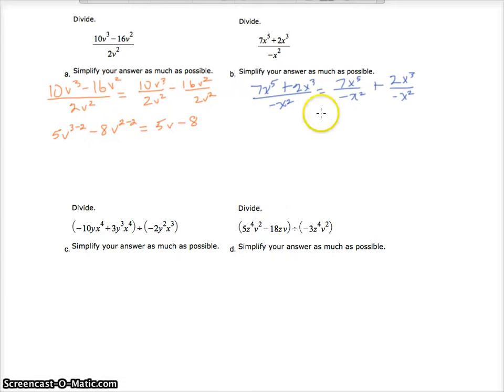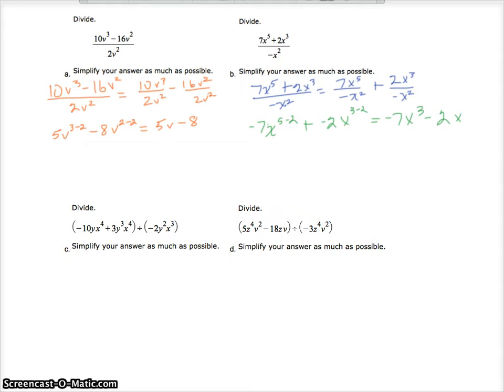Now I can rewrite these. 7 divided by negative 1 is negative 7, and then x to the 5 minus 2, plus 2 divided by negative 1 is negative 2, x to the 3 minus 2. This simplifies to negative 7x cubed minus 2x.